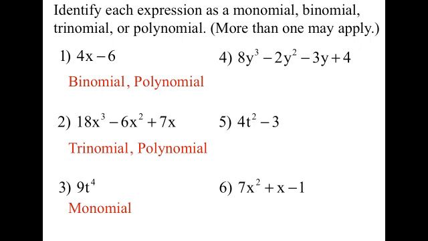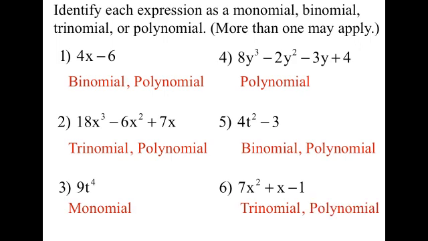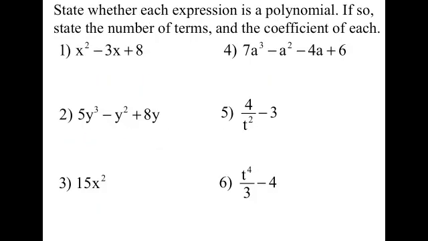Number 4, when there's more than 3 terms, we just call it a polynomial. Number 5 is a binomial and a polynomial. And number 6 is a trinomial and a polynomial. Okay. Now checking your work, moving on.